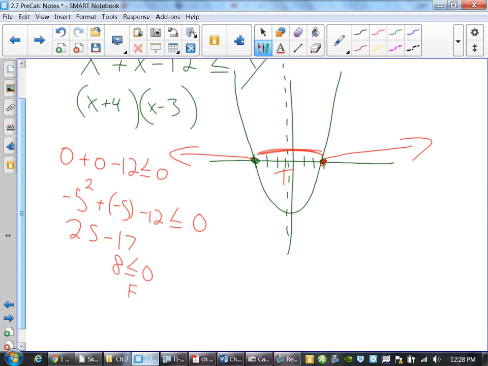That's false. So it's false here. It was true in between. And I might as well use positive 5 on the other one. I'm using the ordered pairs negative 5, 0 and 5, 0. Is that true or false? False.